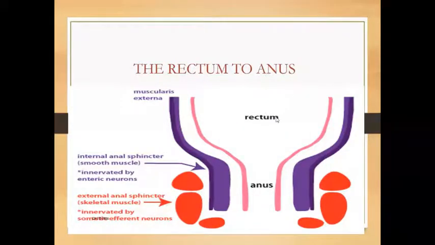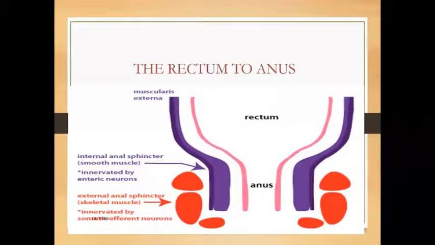So we proceed. You can see this is the rectum and the anus down there. In the anus, you have internal anal sphincter muscles and external anal sphincter muscles. The external anal sphincter muscles are innervated by somatic efferent neurons. You can see the somatic motor neurons that are innervating the external anal sphincter muscles. That's why you can control them using your conscience.